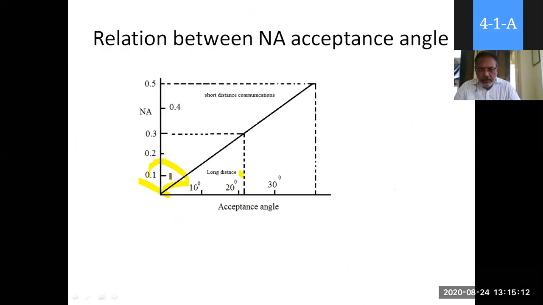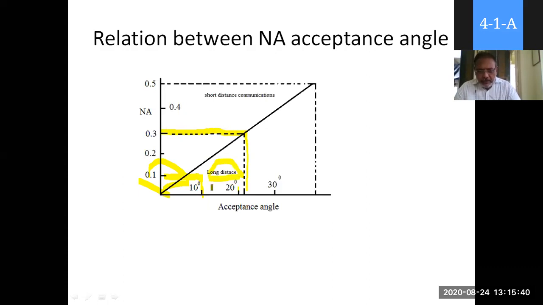Nearer here, 0.12 here. In this, what happens? 10 degrees acceptance angle. So this is a value. Similarly, 20 degrees, 0.3. Why I shaded here 0.3 to 20 as a long distance?